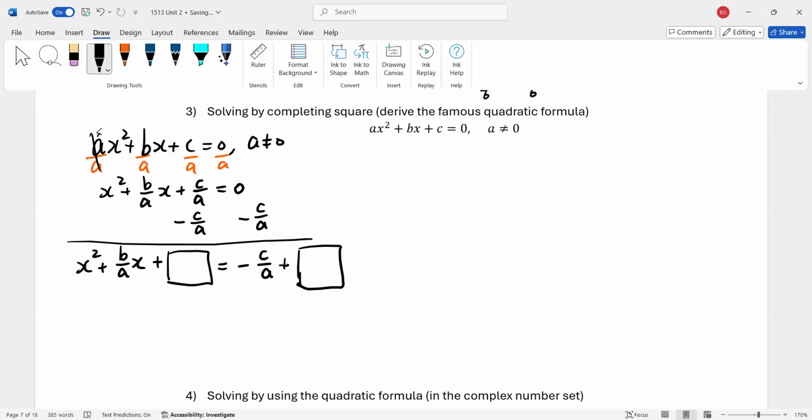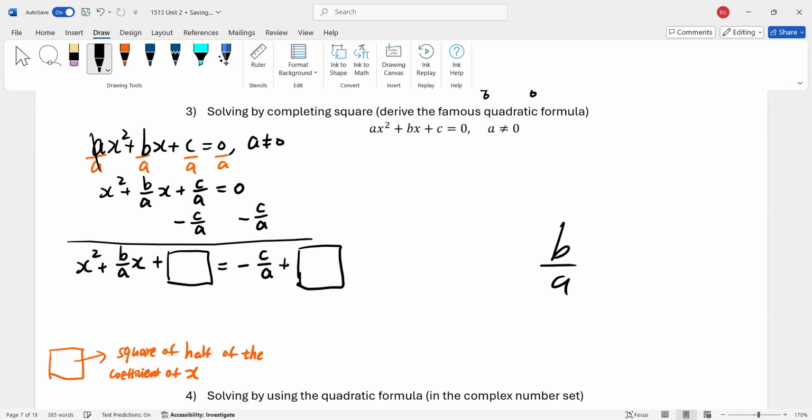What's going to be the number on the left side? We already covered this before, when we learned circles and how to convert the equation of a circle from general form to standard form. So on the left side, we are going to have the square of half of the coefficient of x. What's the coefficient of x?